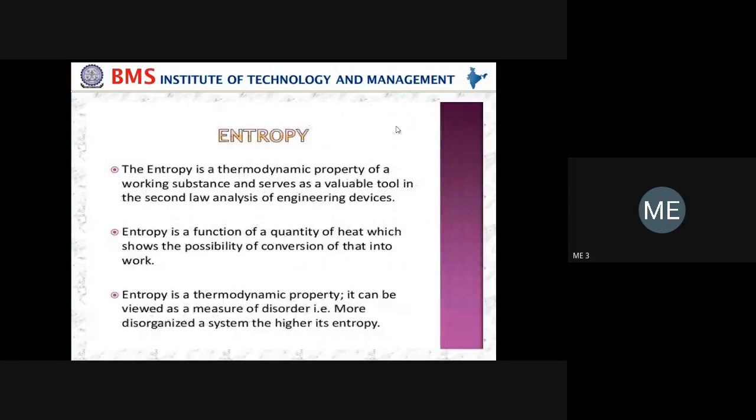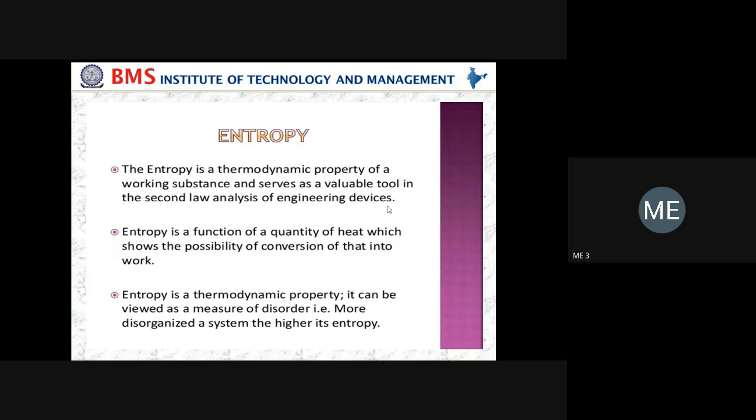You remember the properties we studied in module 1, thermodynamic properties like pressure, volume, and temperature. Entropy is also a thermodynamic property, and it is mainly related with the heat and temperature, because second law of thermodynamics mainly deals with the heat and its interaction, forward direction and backward direction.